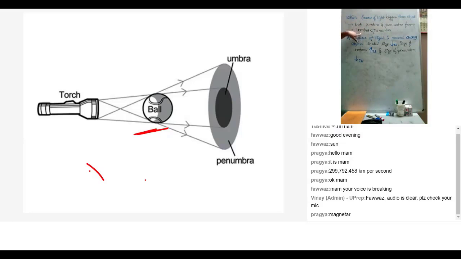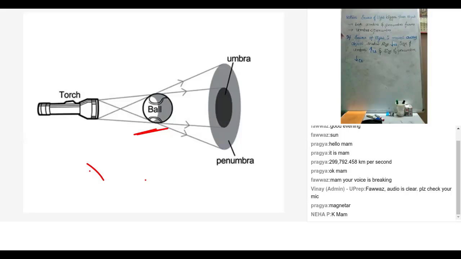And in that shadow, the size of the umbra is less when compared to the size of the penumbra. And then we have also understood that if the source of light is moved away from the object, shadow size decreases, size of umbra increases, and size of penumbra decreases. And quite the opposite, when the source of light is moved towards the object. I hope all the points are noted.